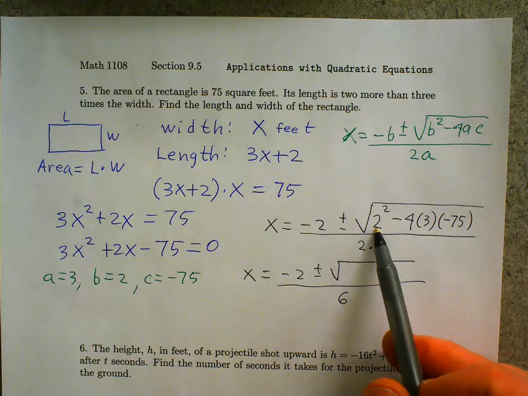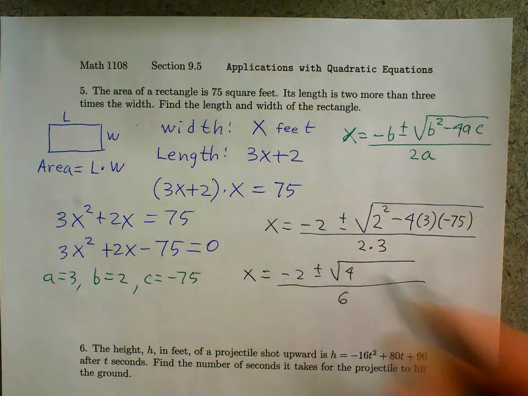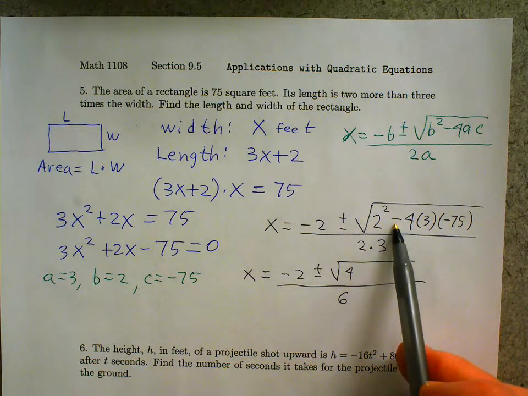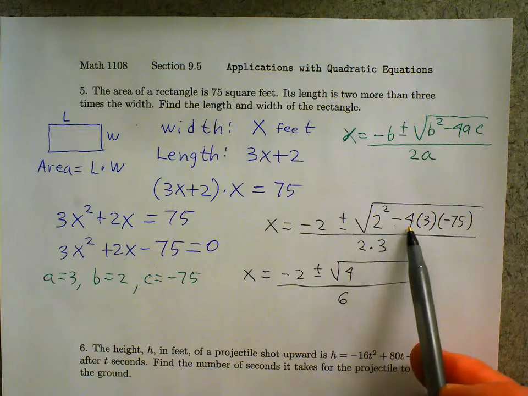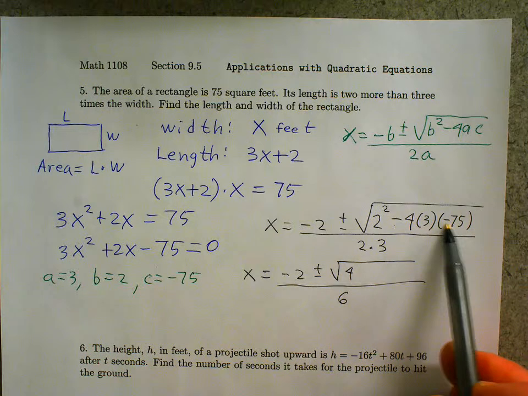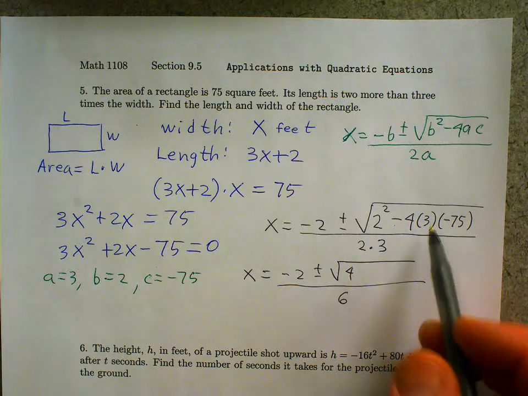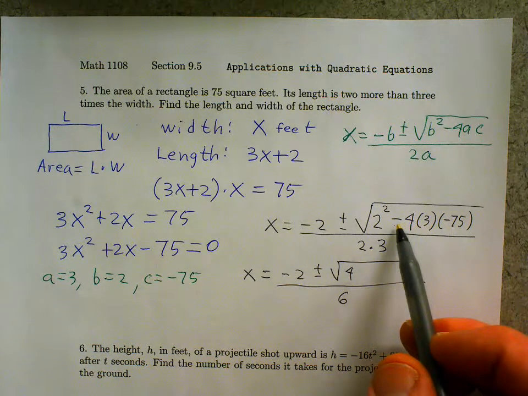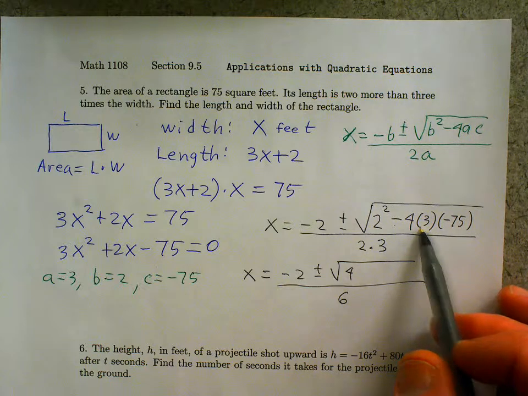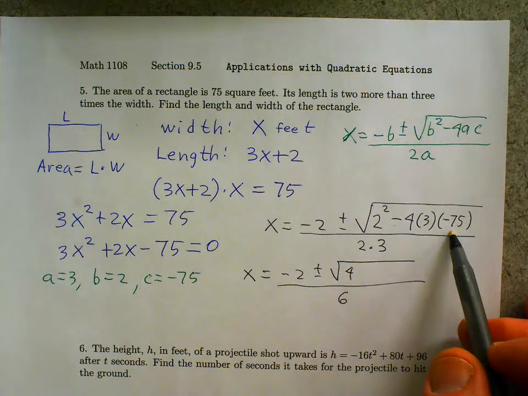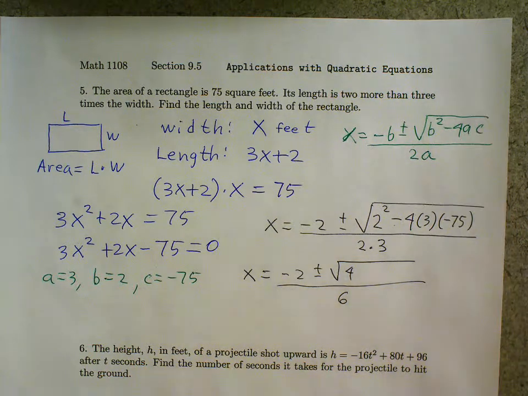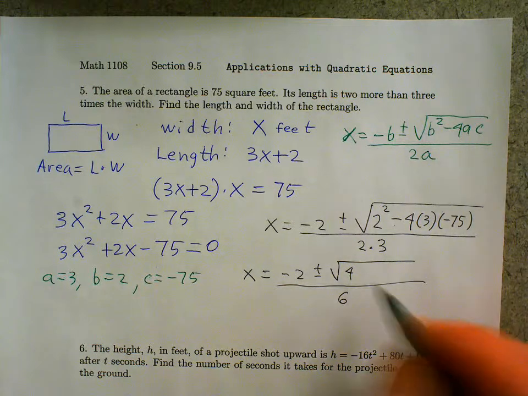Inside the square root, 2 to the second is 4. And we are subtracting 4 times 3 times negative 75. So we're subtracting a negative. That means we're adding 12 times 75, which is 900, isn't it?